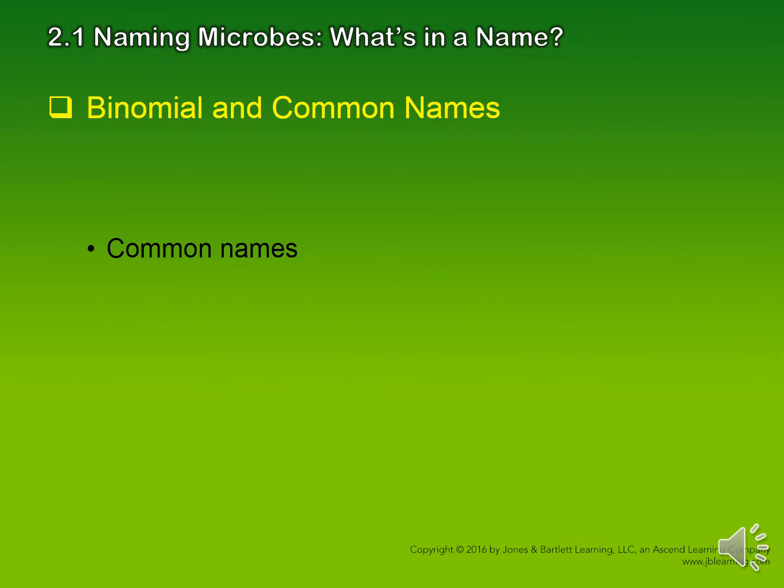Okay, like I said, we're going to have binomial names and common names. And the binomial name can be followed by the strain or the subspecies. So, for example, one of the things you hear about in terms of meat preservation is Escherichia coli O157:H7.